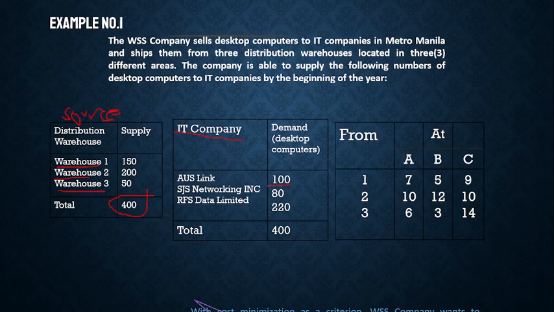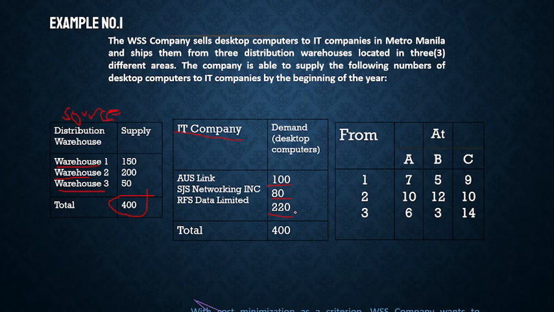The SGS networking INC is 80 yung demand for the desktop computers nila, and the RFS data limited 220, and the total of 400 is the demand of those specific IT companies.